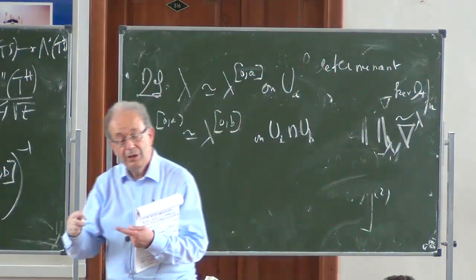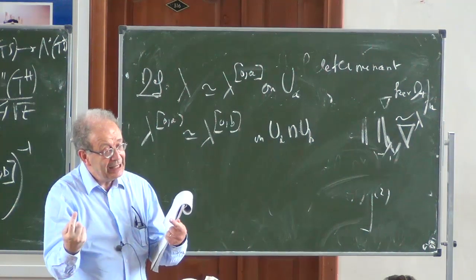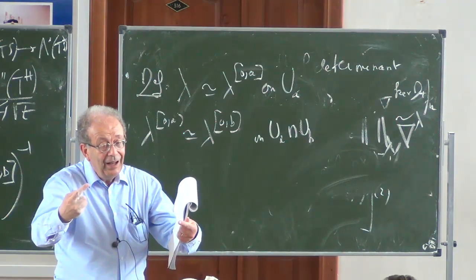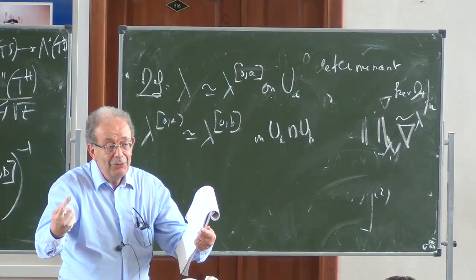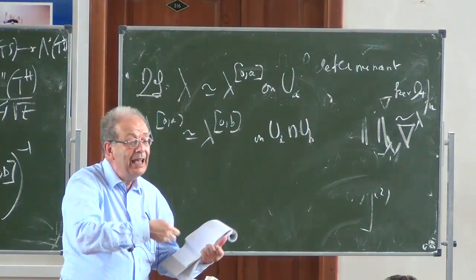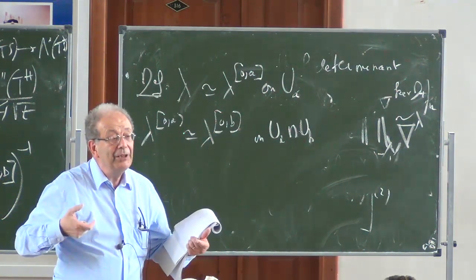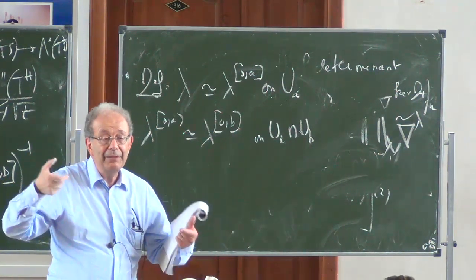And of course, the last thing to check is that these identifications are a co-cycle. That is, if you identify lambda A with lambda B and lambda B with lambda C, you get the identification of lambda A with lambda C.